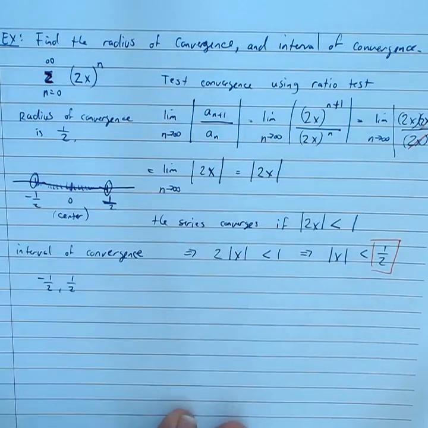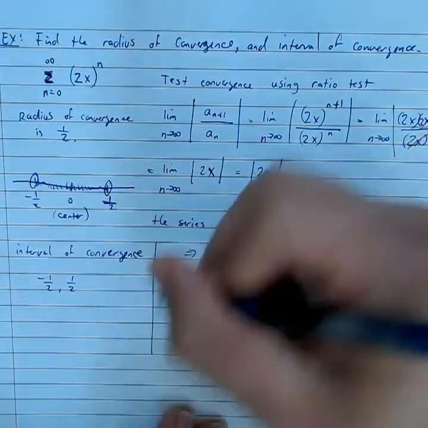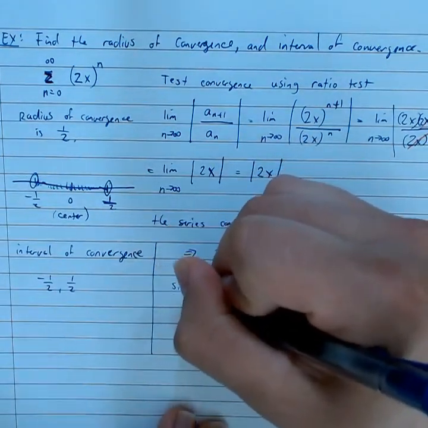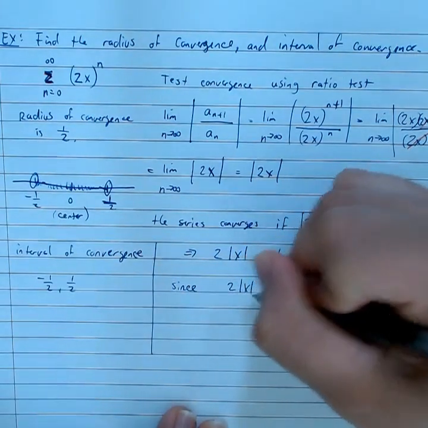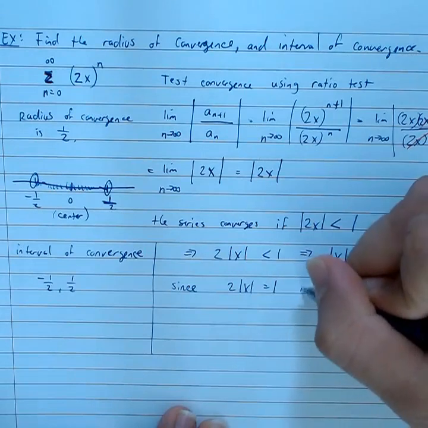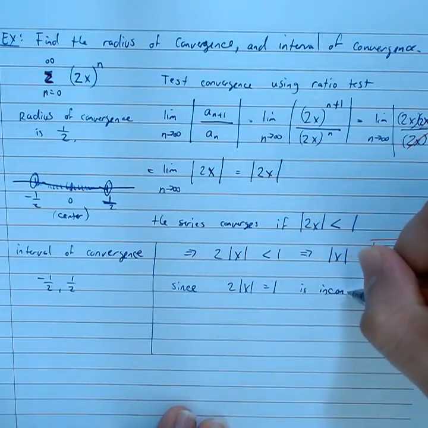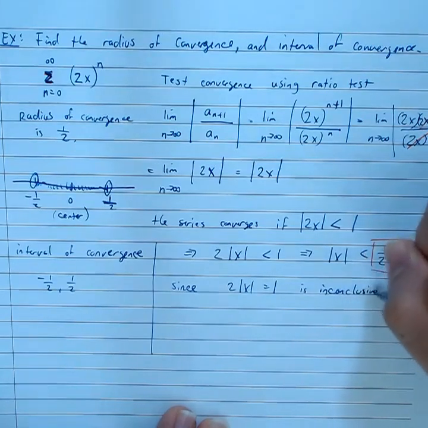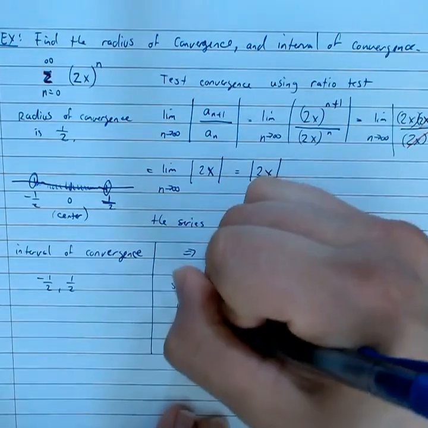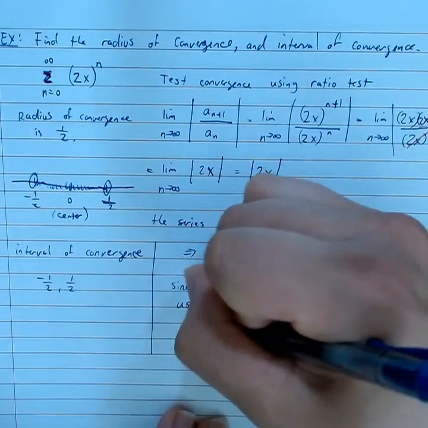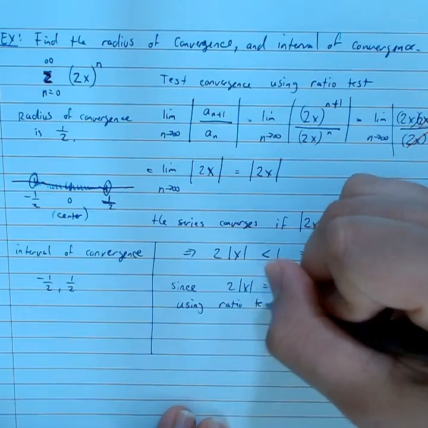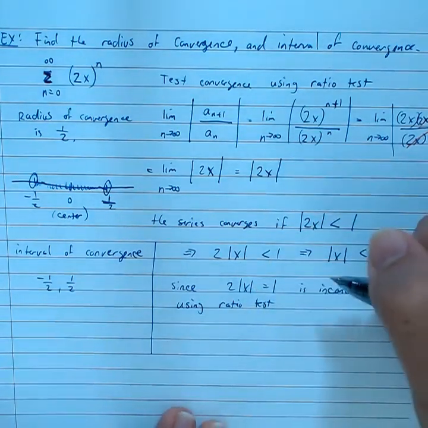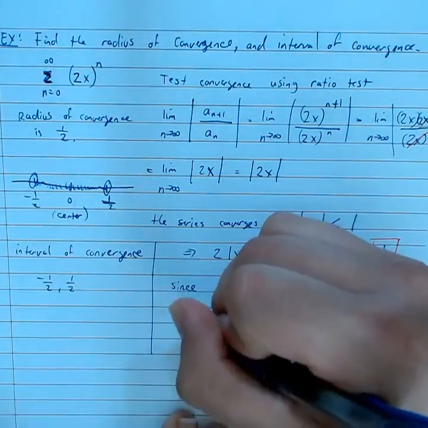So whenever you're looking for an interval of convergence, you have to test the boundaries separately. Since 2 absolute value of x equals 1 is inconclusive when using the ratio test, and the same thing will be true for the root test, we have to test these cases separately.